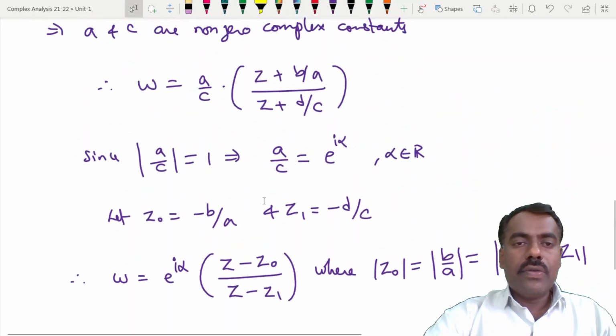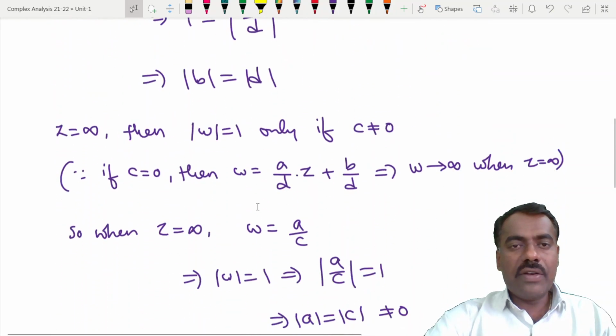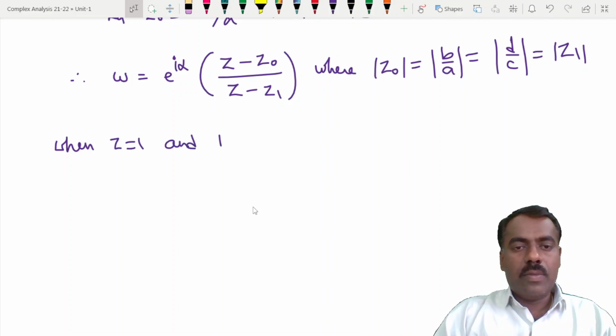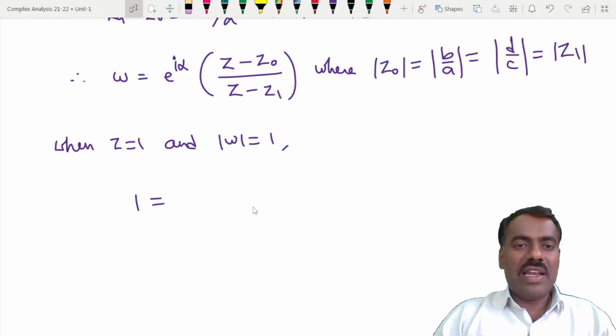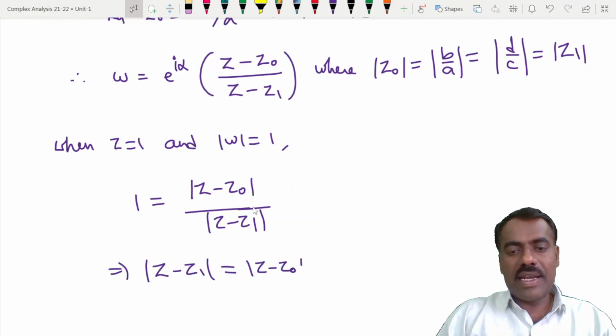So far we have used Z equal to 0 and Z equal to infinity. Now we will use Z equal to 1. When Z is equal to 1 and modulus of w is equal to 1, we take the modulus, and we get 1 here, and the modulus of e power i alpha is 1. So mod Z minus Z0 upon mod Z minus Z1 is 1. If you simplify this, mod Z minus Z1 is equal to mod Z minus Z0.